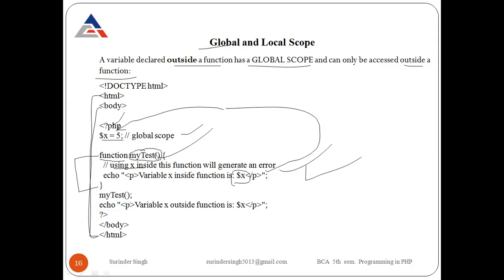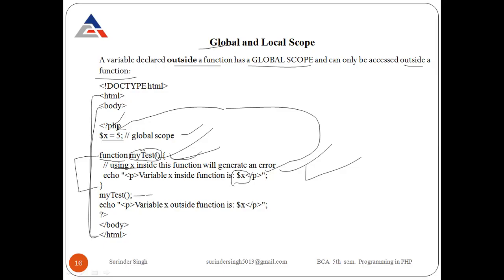Using X inside this function will generate an error because a global variable is only accessible outside of a function, but we can access a global variable in any function. We will see in next slides.